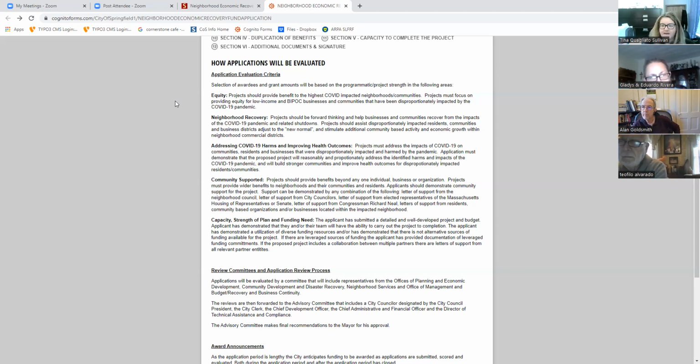We recognize that there's a barrier for some organizations or folks to getting letters of support from elected representatives, which is why we're saying, fine, you don't necessarily have to do that. You could show community support by getting letters from residents or business.